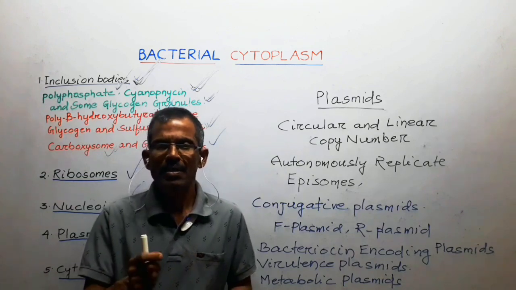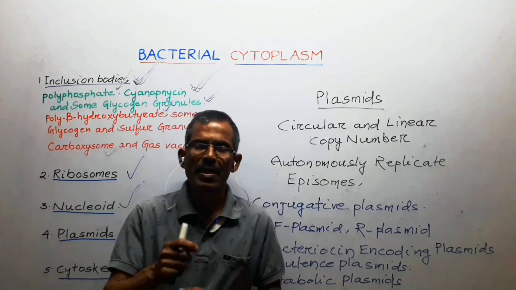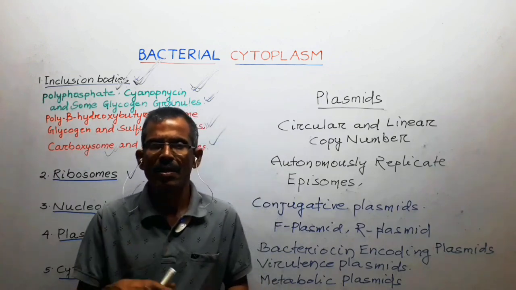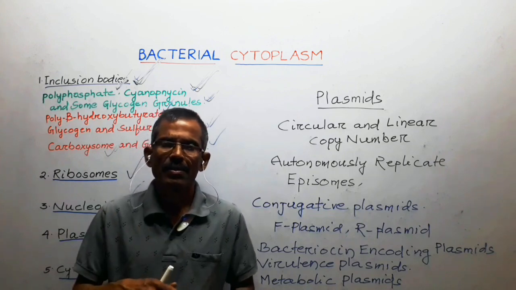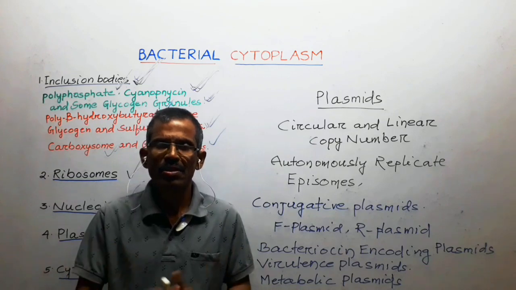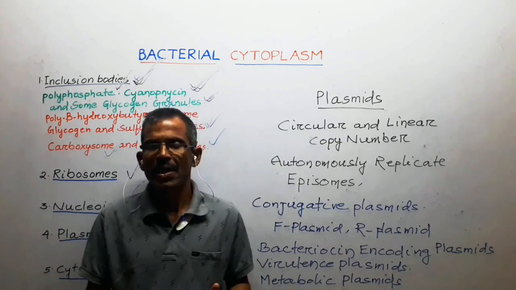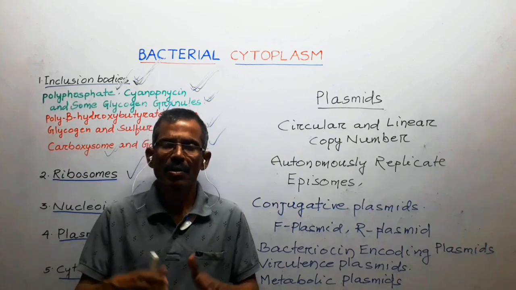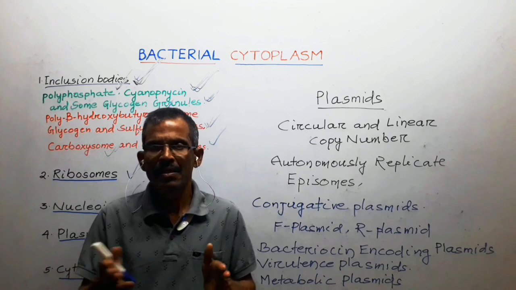One of the best studied examples of a conjugative plasmid is the F plasmid or fertility factor of E. coli. Some conjugative plasmids also contain genes for antibiotic resistance. Such plasmids confer antibiotic resistance to the host cell that contains them.